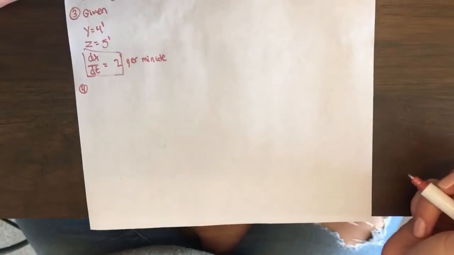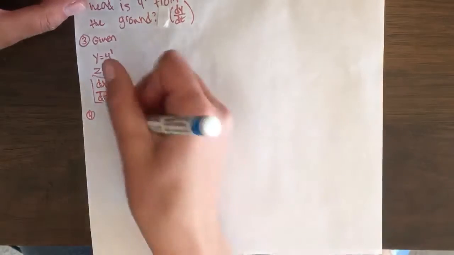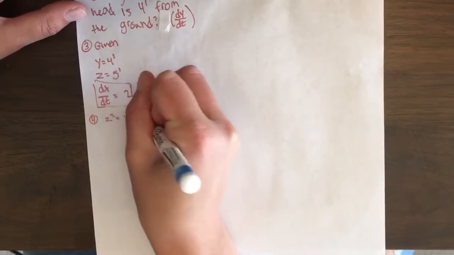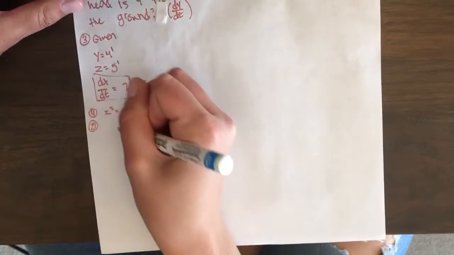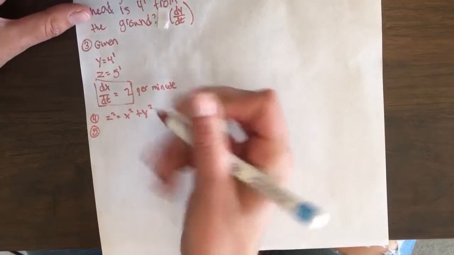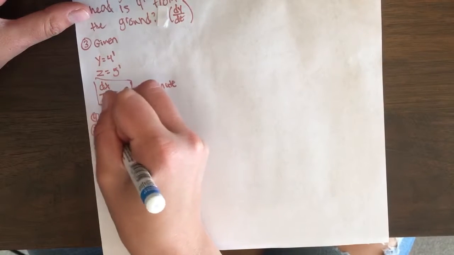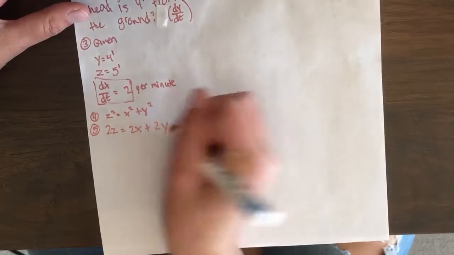Now it's time to establish a relationship between the variables. In this case scenario, since we have a triangle, it's going to be z squared equals x squared plus y squared. Step 5 is to take the derivative of our relation function. So we are going to have 2z equals 2x plus 2y.